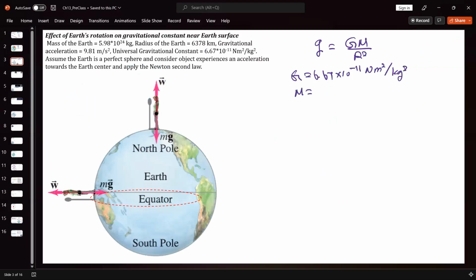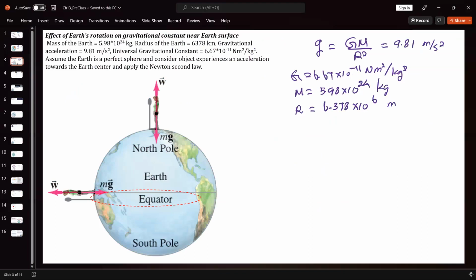Then we know large M, the mass of the Earth, 5.98 times 10 to the 24 kilograms. And we know the radius of the Earth, which is 6.378 times 10 to the 6 meters. If you put all of these parameters together, you will get something close to 9.81. That's the number we generally call the gravitational acceleration around the Earth's surface.